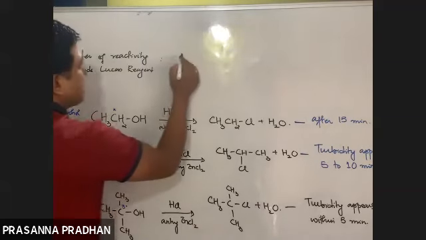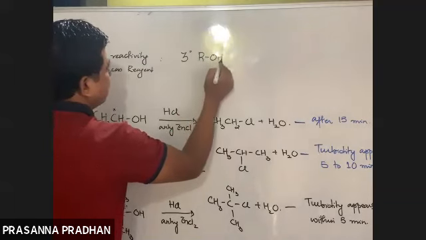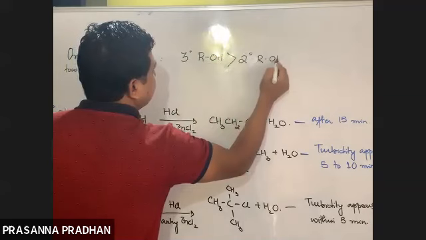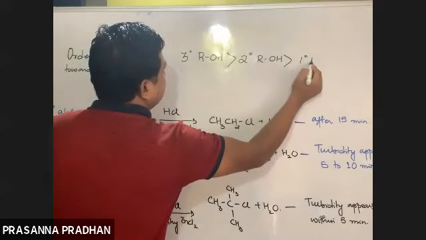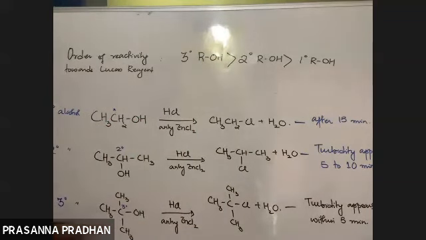Obviously tertiary alcohols. So the order of reactivity is 3 degree alcohols most reactive, followed by 2 degree alcohols, followed by 1 degree alcohols. In fact, 3 degree alcohol does not require anhydrous zinc chloride. It will react even in the absence of anhydrous ZnCl2. It is so reactive, 3 degree alcohols.